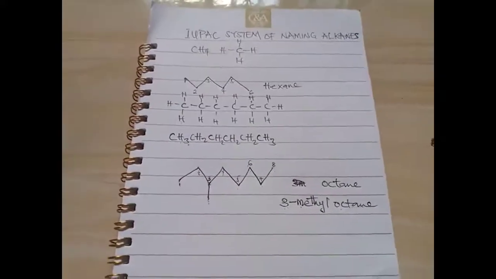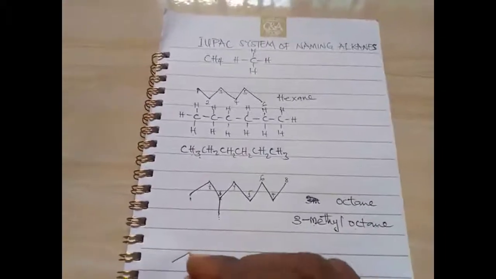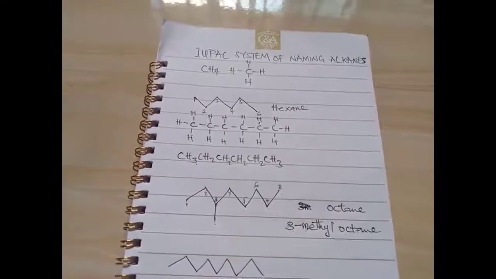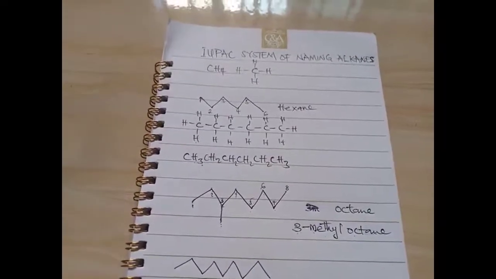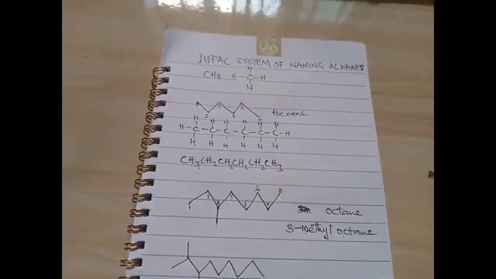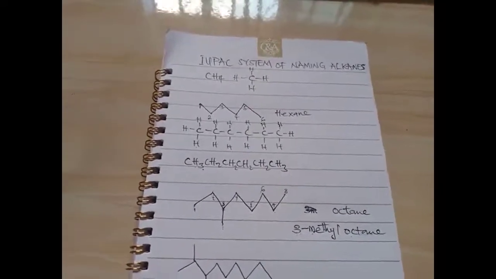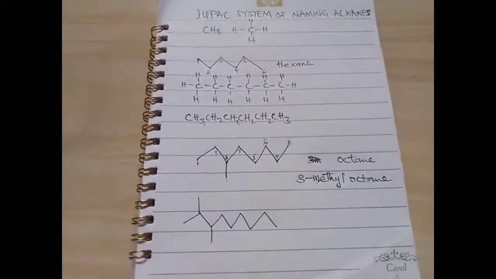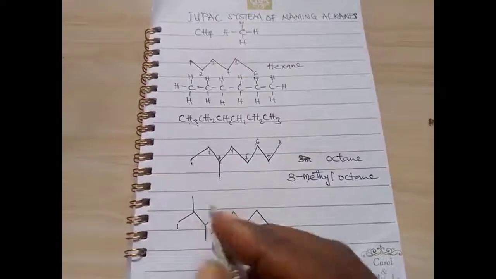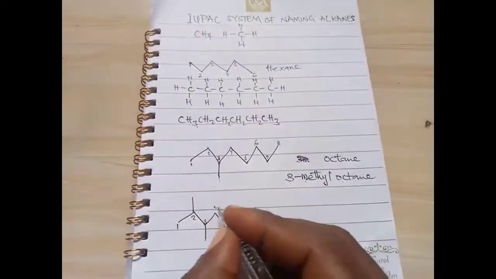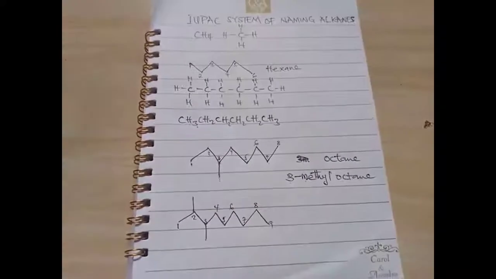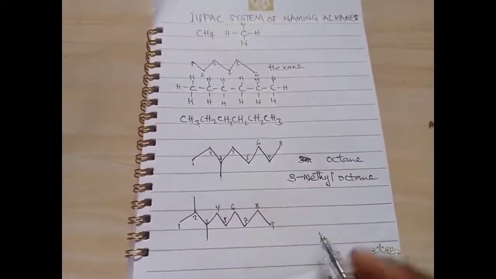Now, what if we have this, with a methyl here and a methyl here? The first thing we also need to do is to identify the possible longest chain, which is 1, 2, 3, 4, 5, 6, 7, 8, and 9. Now, that is the longest chain.